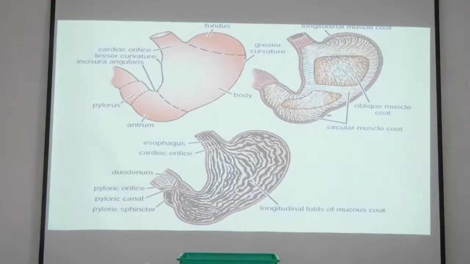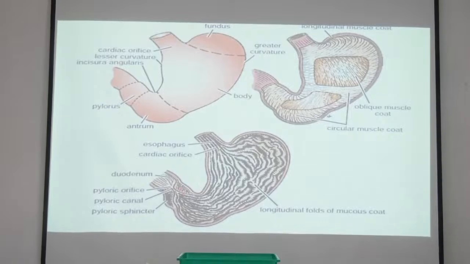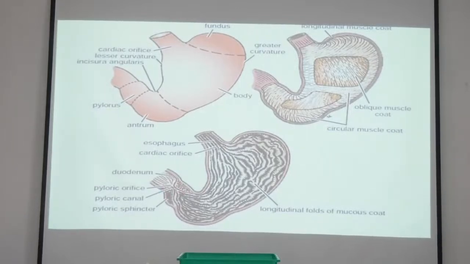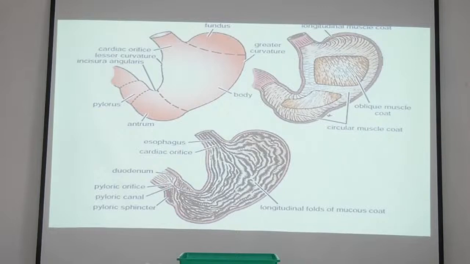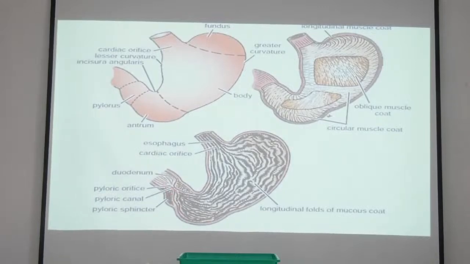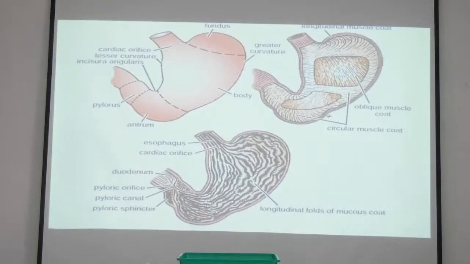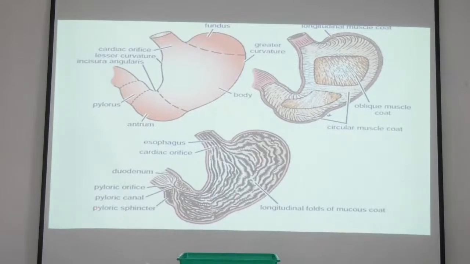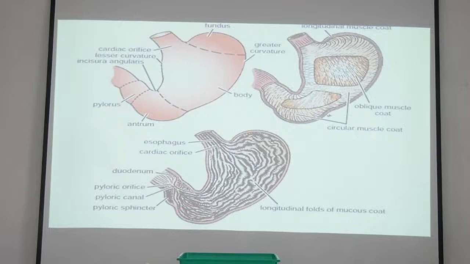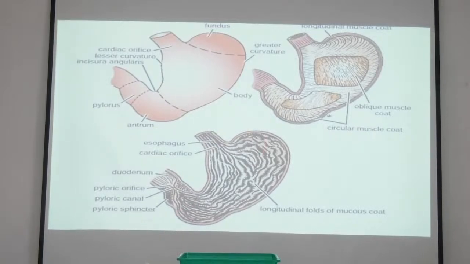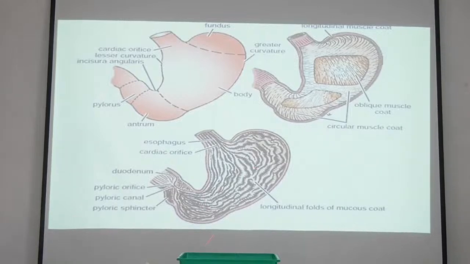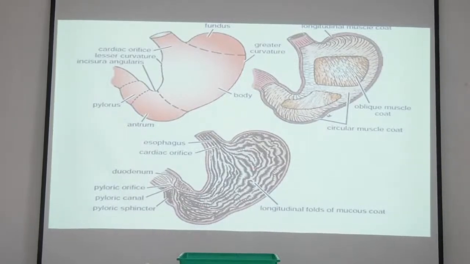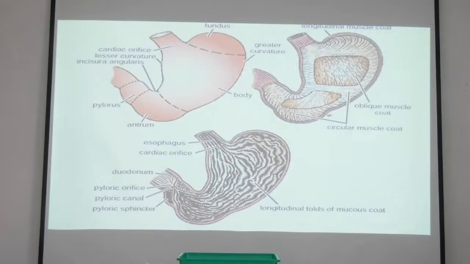Pylorus consists of pyloric sphincter and pyloric canal. This is the thickened part forming the sphincter, and this narrow channel passing through the sphincter is the pyloric canal. And these are the gastric rugae. Rugae means longitudinal folds, present in an empty stomach. Rugae become absent during distension of the stomach. Okay, understood?